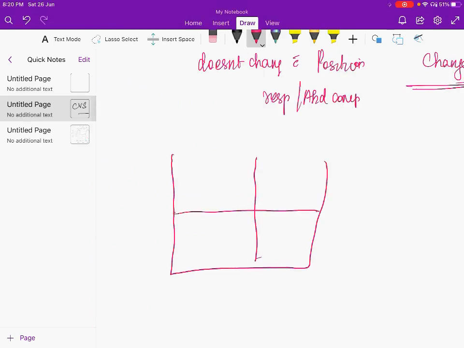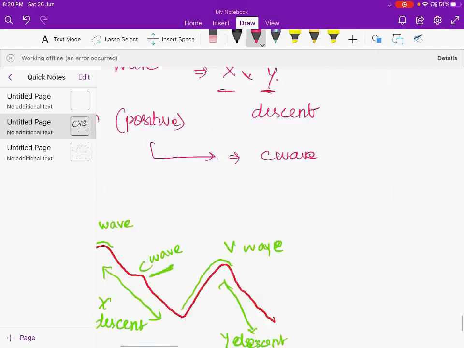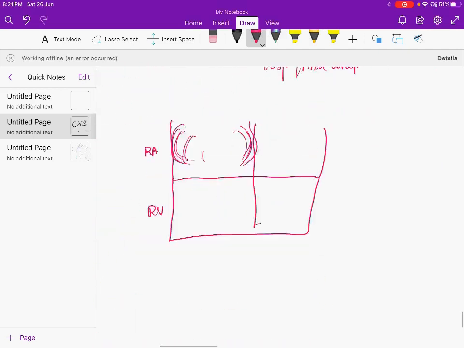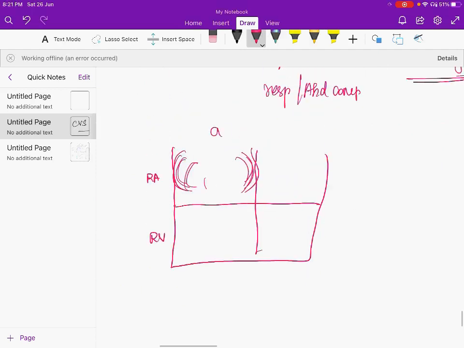So this is your heart, this is the right atrium, and this is your right ventricle. So during the late phase, what happens? During the late phase of ventricular diastole, your atrium will contract. Since your atrium is contracting, it produces a positive pressure, which will produce your A wave.